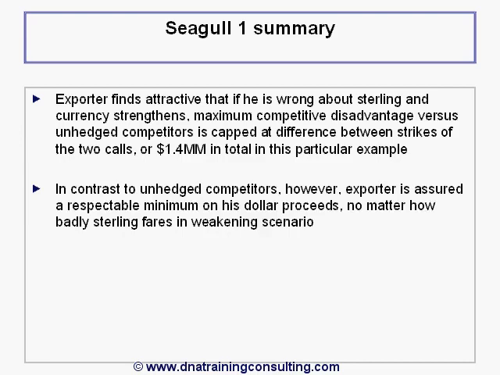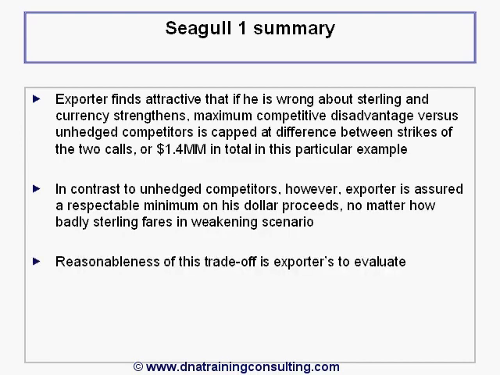In contrast to his unhedged competitors, however, he is assured a respectable minimum on his dollar proceeds, no matter how badly sterling may fare in a weakening scenario. The reasonableness of this trade-off, as ever, is the exporter's to evaluate.